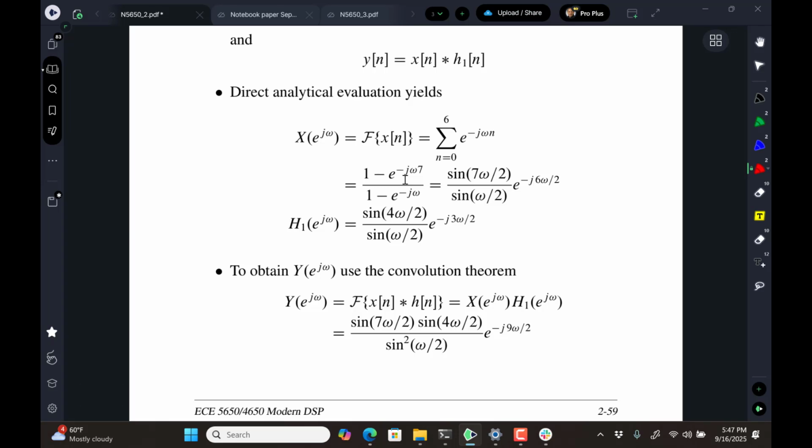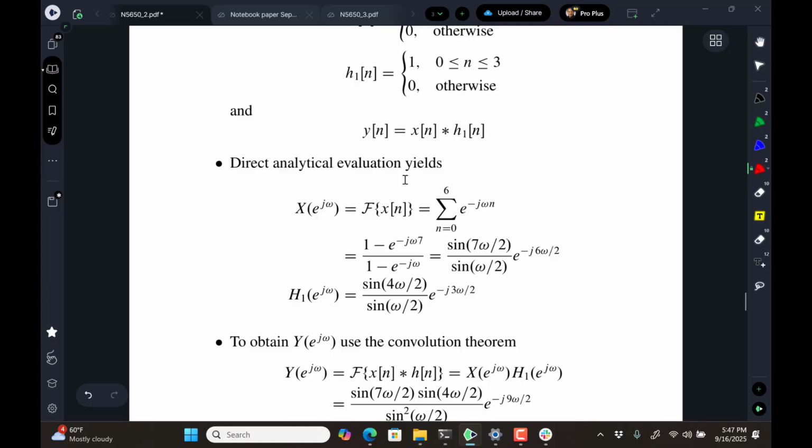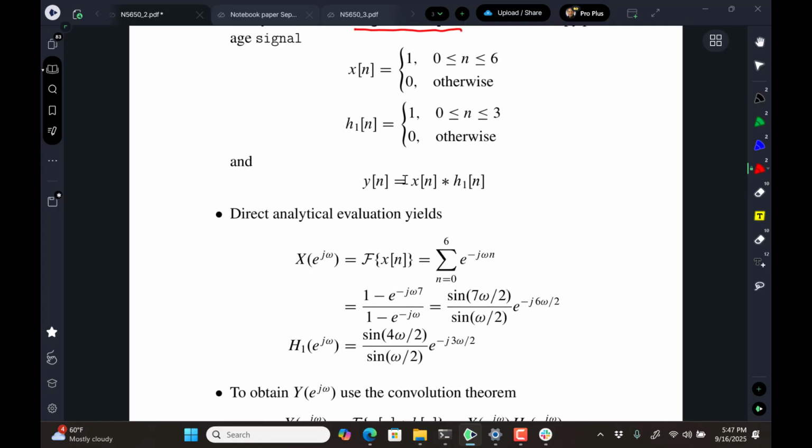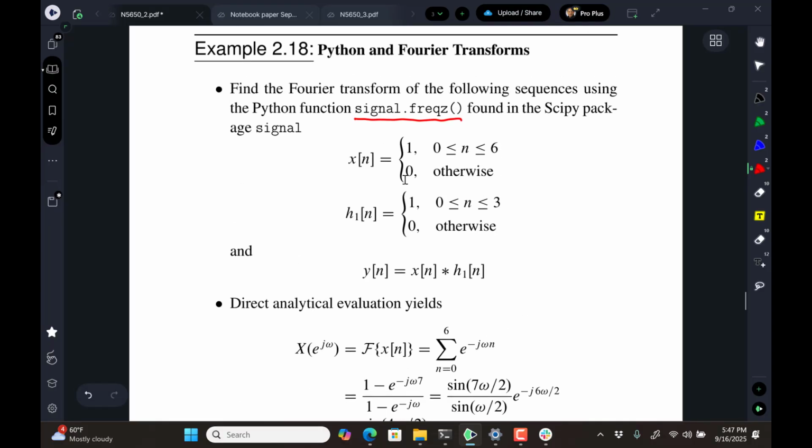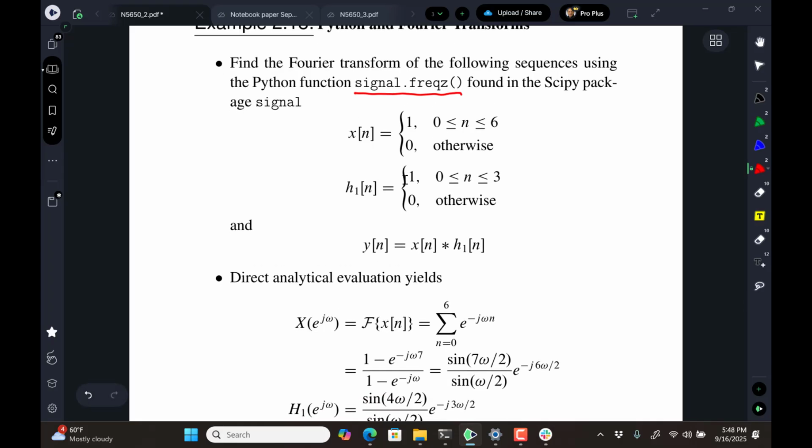So here's an example, getting back to a sequence that's a rectangular pulse function, and it goes from 0 to 6, so it includes 7 total spikes.